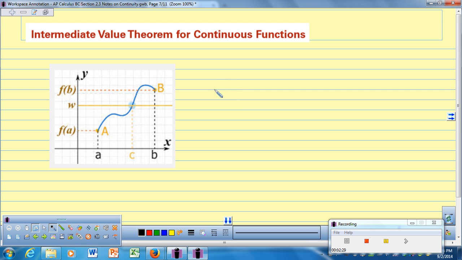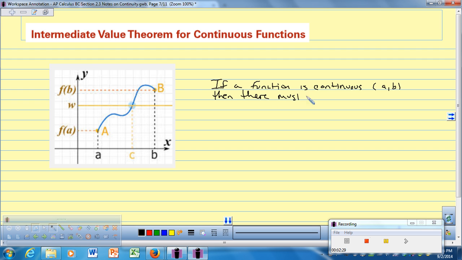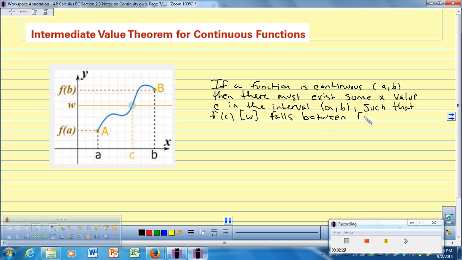And the basic idea of the intermediate value theorem for continuous functions is, if a function is continuous on the interval, let's say a to b, then there must exist some point c, some x value c in the interval a to b, such that f of c, or in this picture, w, falls between f of a and f of b.